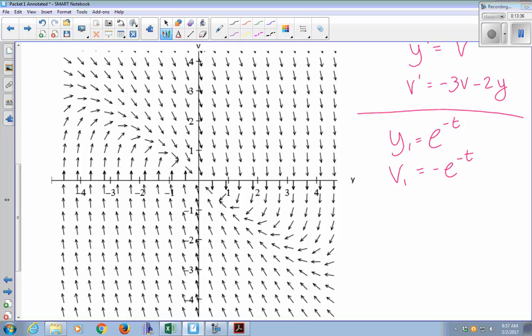Yeah, we're just gonna plug 0 in here, right? So y1 of 0 is 1, v1 of 0 is negative 1. So I plot the point 1, negative 1. There's my initial condition right here. And I'm just going to follow my arrows, and it looks like it's sort of curving into the origin.